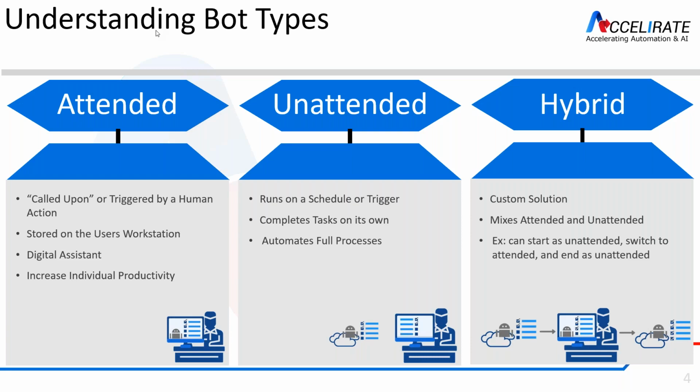Now, hybrid. This is more of a custom solution. So a hybrid is just as it sounds. You are essentially mixing or putting together both an attended and an unattended bot. And the reasoning for this is, quite frankly, to streamline the end-to-end solution.